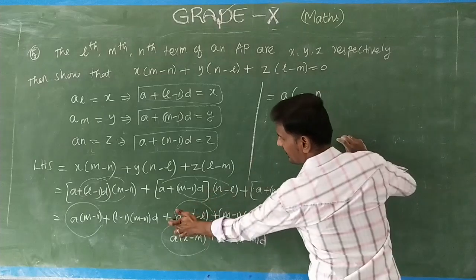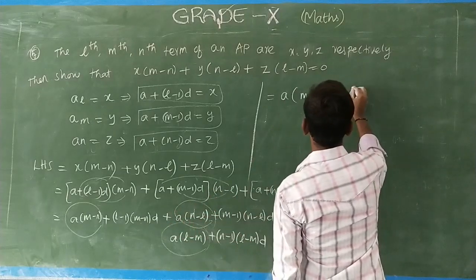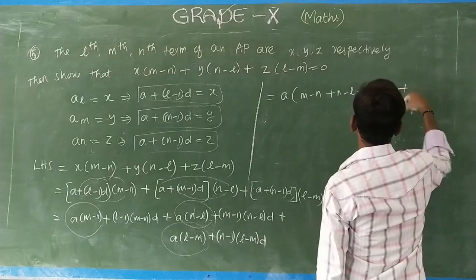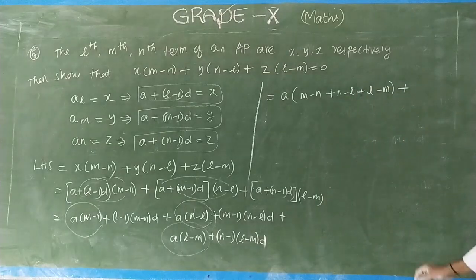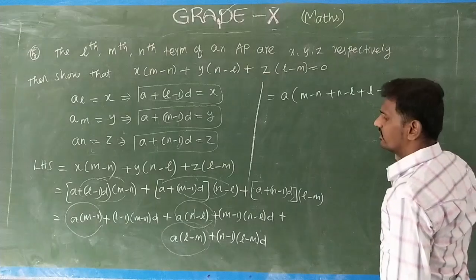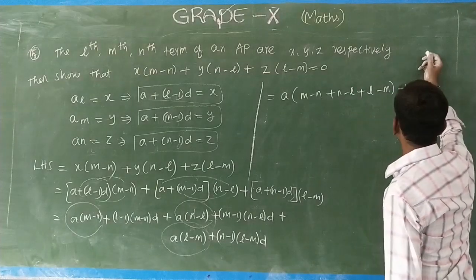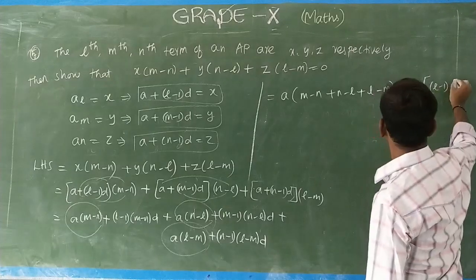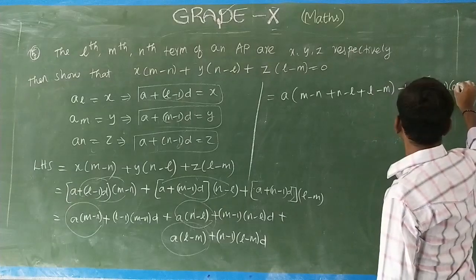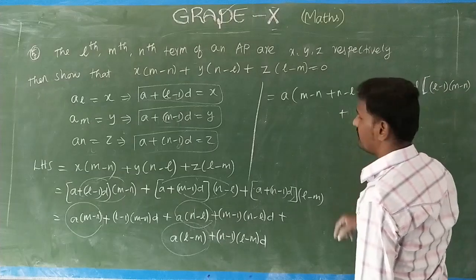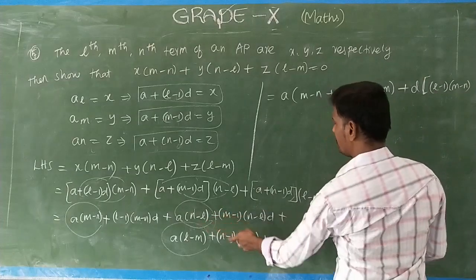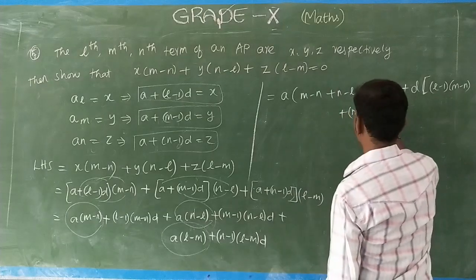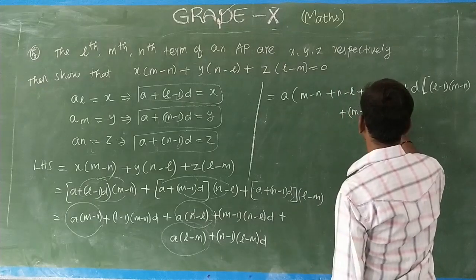Then plus (n minus l) plus (l minus m). Yes, student. Then d into the remaining terms, what are they? (l minus 1) into (m minus n) plus, and the next (m minus 1) into (n minus l).